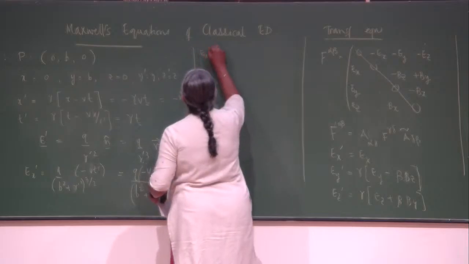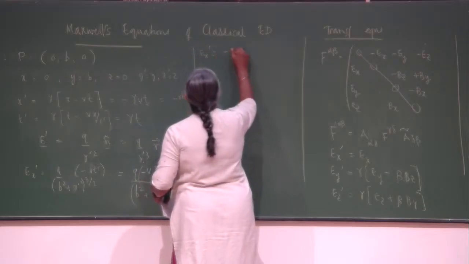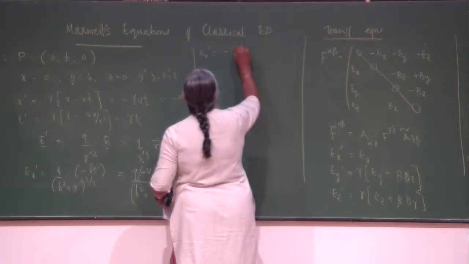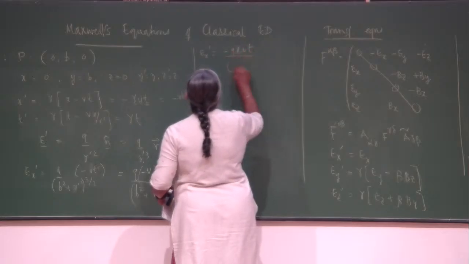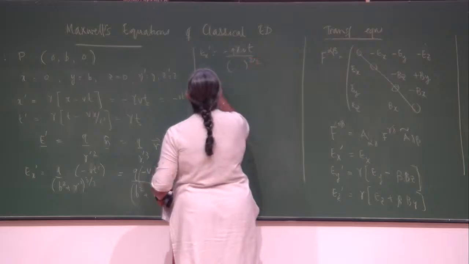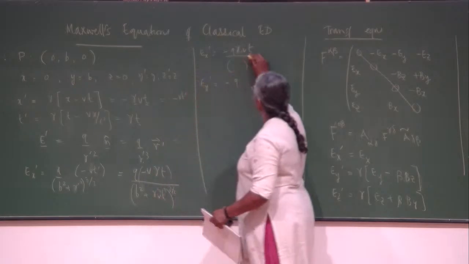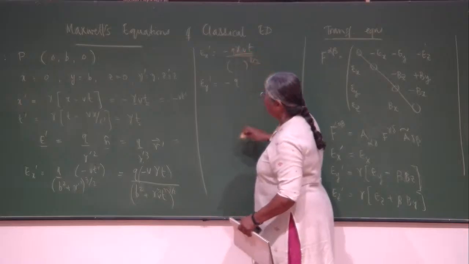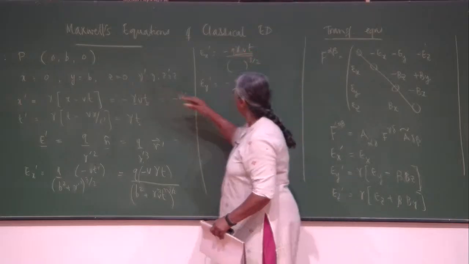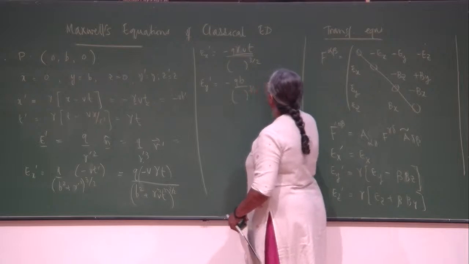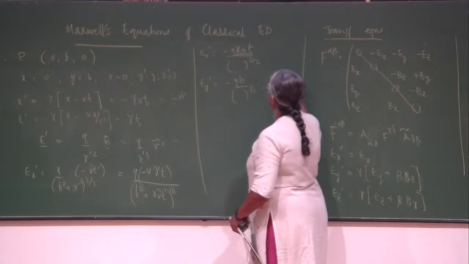Ex prime is equal to minus qvt prime, so that will be gamma vt by 3 by 2. So this was x prime. Y prime is simply y, which is just b. Ez prime is 0.